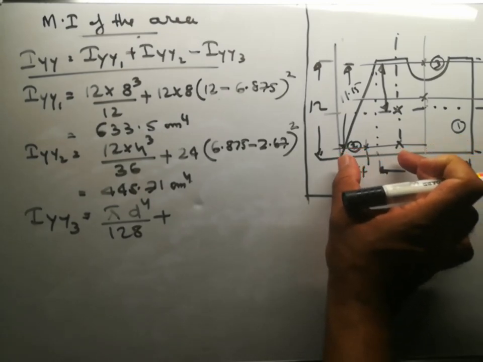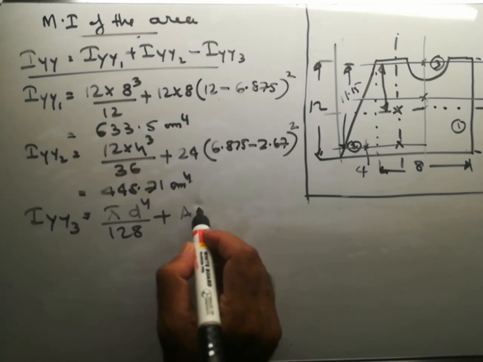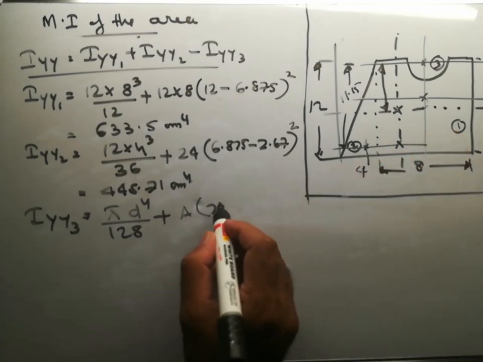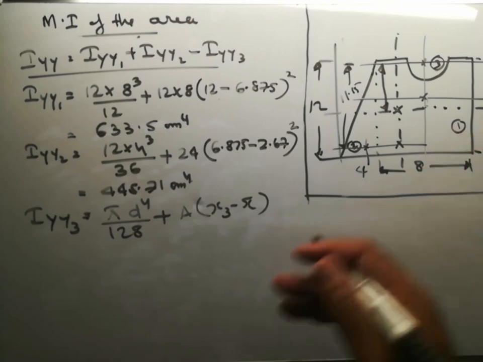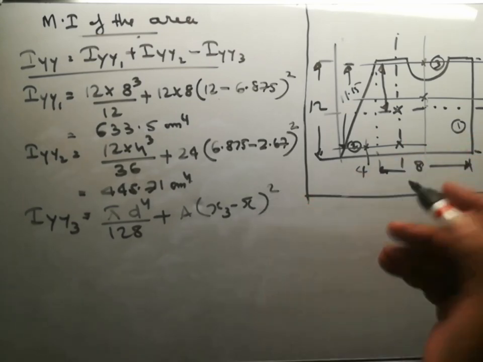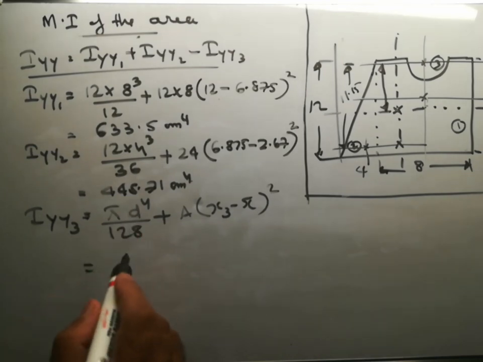X3 minus x bar will give you this distance. We need this distance as h. So area into x3 minus x bar or x bar minus x3. When we square it, the minus sign will be gone. So this will be equal to pi d raised to 4 by 128 plus A into x3 minus x bar.